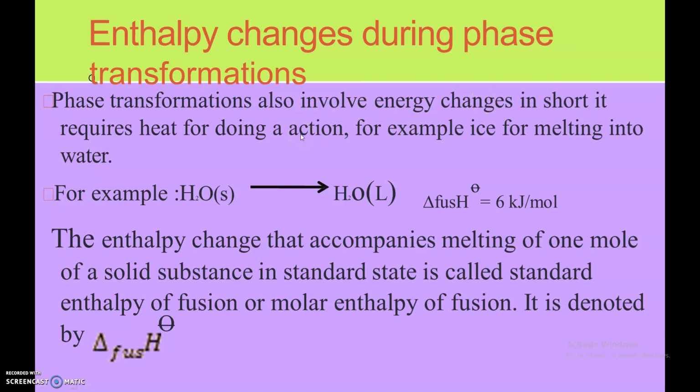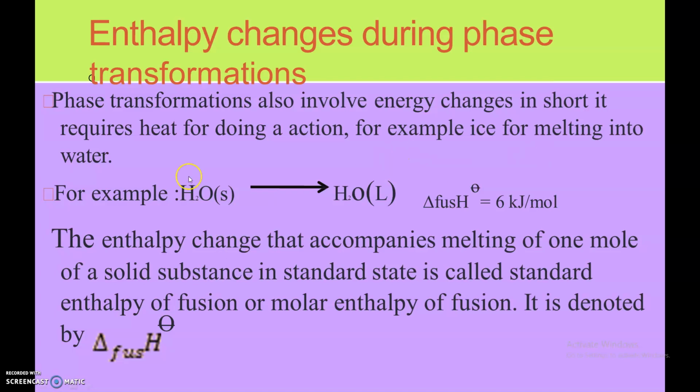For example, ice melting into water. There should be a requirement of heat for the phase change.